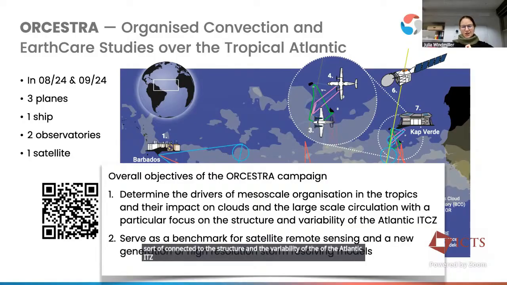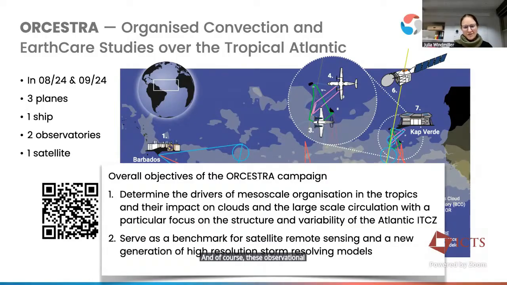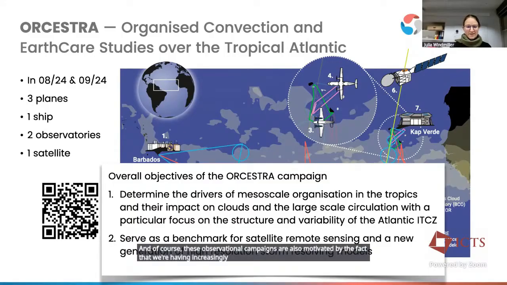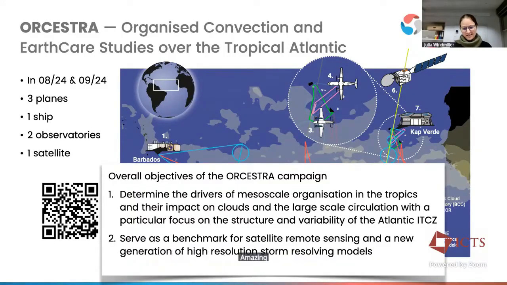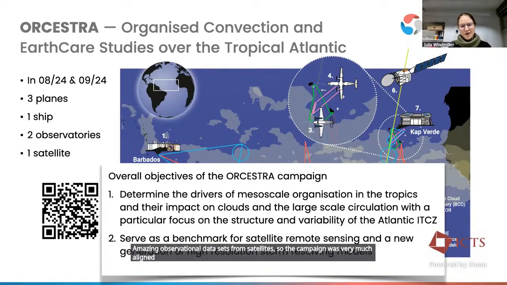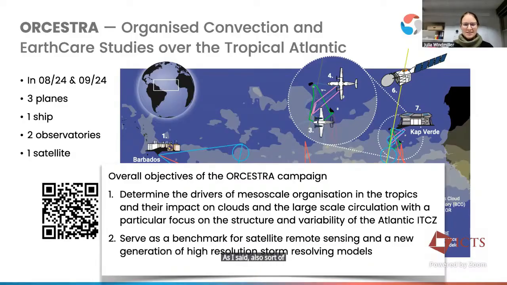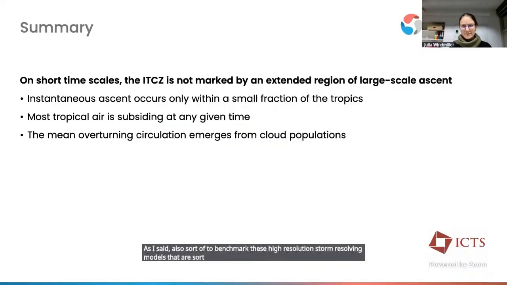And of course, these observational campaigns are also motivated by the fact that we're having increasingly amazing observational data sets from satellites. So the campaign was very much aligned to also validate the new EarthCARE satellite, which can actually give you vertical motion profiles, for example, within clouds. But as I said, also to benchmark these high resolution storm resolving models that are arising.